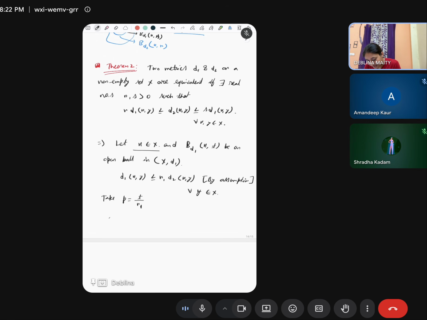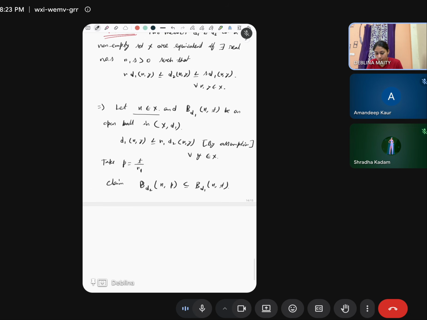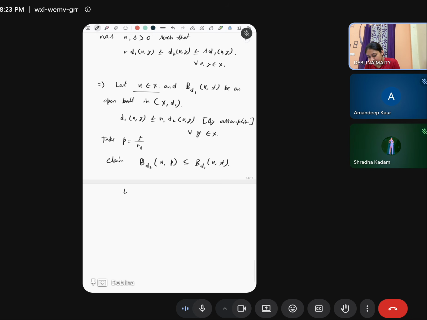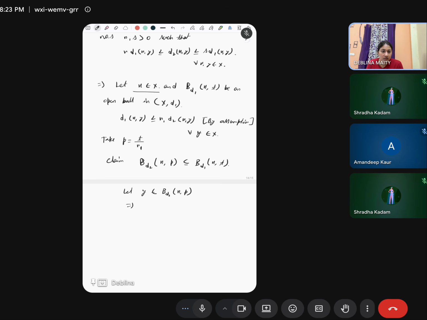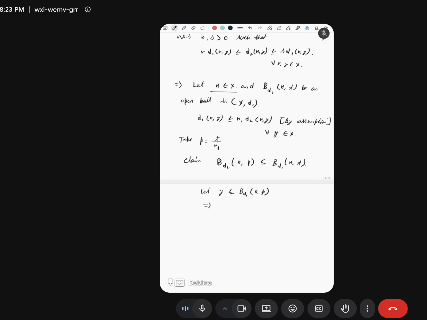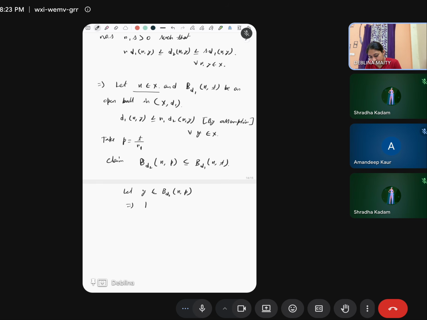Then I am claiming that B_D2(x, p) is contained in B_D1(x, t), right? That I will show. So let y belong to B_D2(x, p). This means d2(x,y) is less than p, and what is p? p is t by r1.